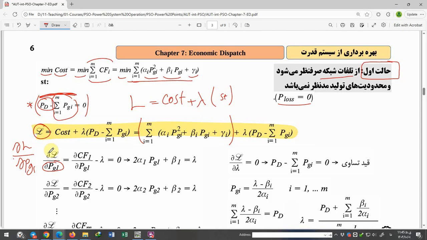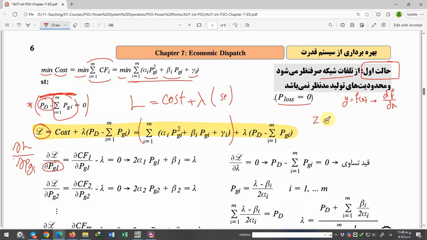In mathematics, if you have y equal to f of x, a function of x, when you want to write the derivative, you say df on dx.